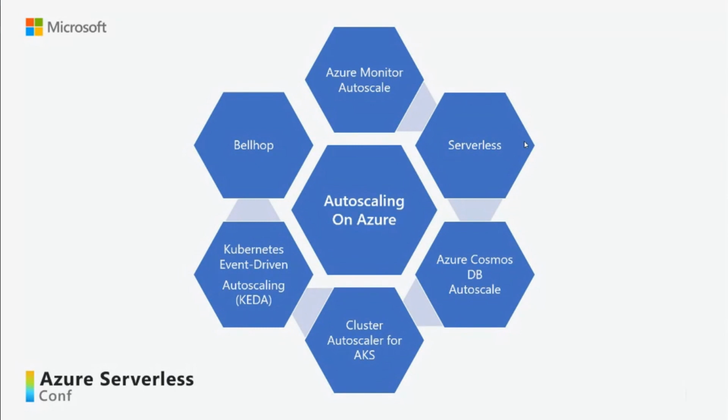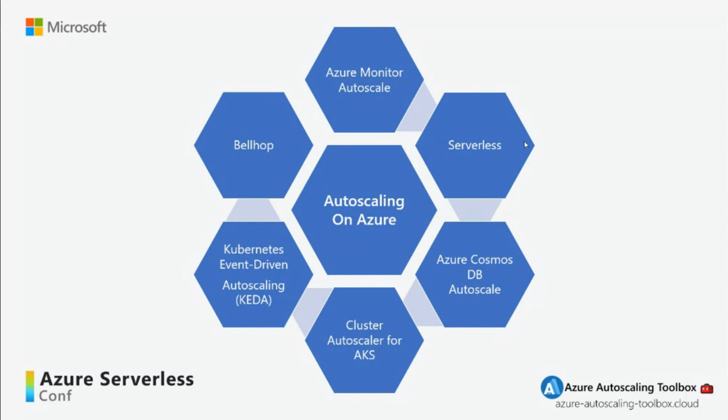You can autoscale Cosmos DB. You can also use a cluster autoscaler for Kubernetes, Keda for Kubernetes workloads, Bellhop for time-based autoscaling, and there are a lot more of them. Now, this is out of scope for this presentation, but if you're interested, there's a website that starts listing all of these and helps you get the most out of them.